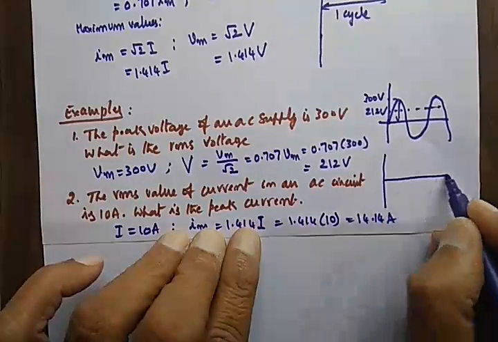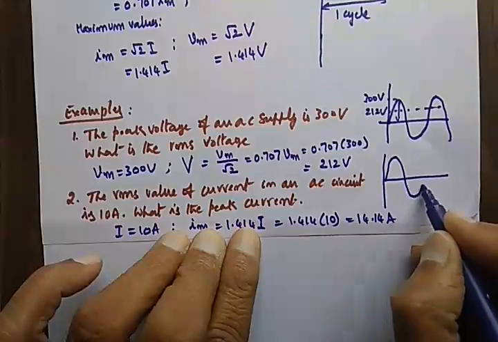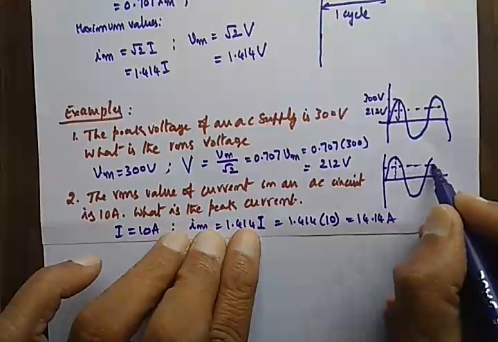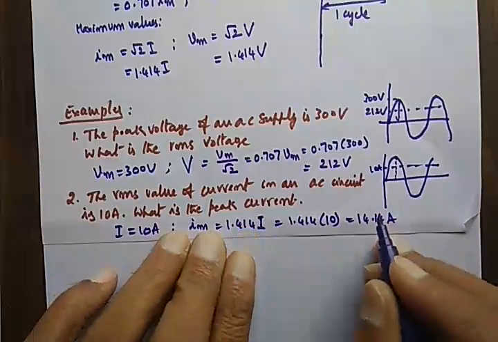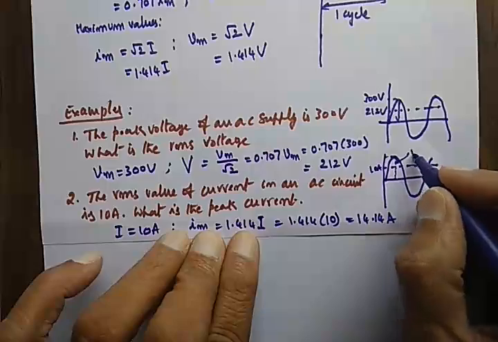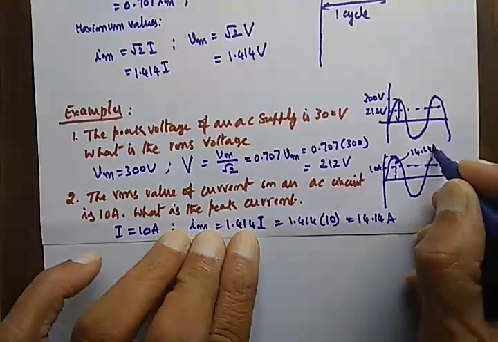Similarly, we will represent it here. This is the current waveform. The RMS is 10 amperes, and when we calculate the peak value, it is 14.14 amperes.